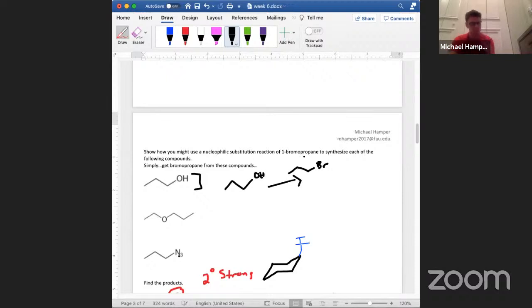Just because it's an alcohol, that does not necessarily mean there's a deprotonation occurring, because you can have a solvent that's not protic. You can have a solvent that doesn't have a hydrogen to deprotonate. So if there isn't a hydrogen to deprotonate off your solvent, then there isn't going to be a protonation that's going to occur.